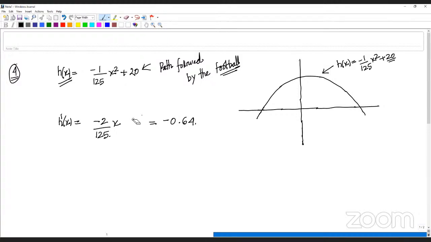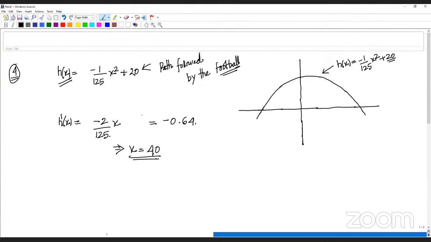So if you compute, what is the value of x? 40, right? 40. I'm taking x as 40.